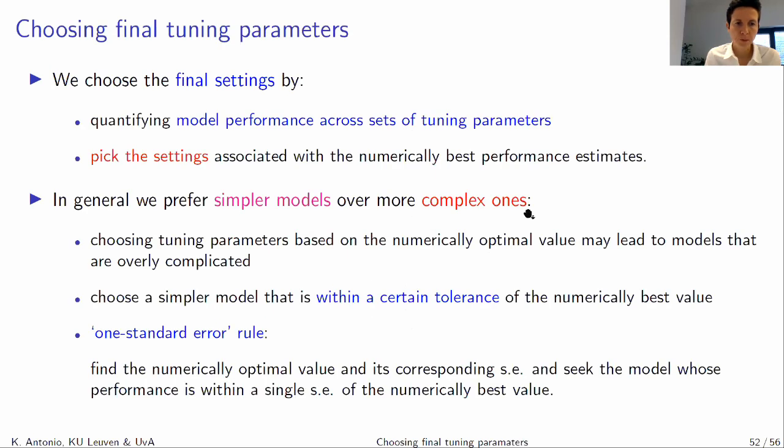Okay. One thing I want to address here, which I already mentioned a couple of times, is the one standard error rule. So what is that in the machine learning literature? Here is what we want to do.